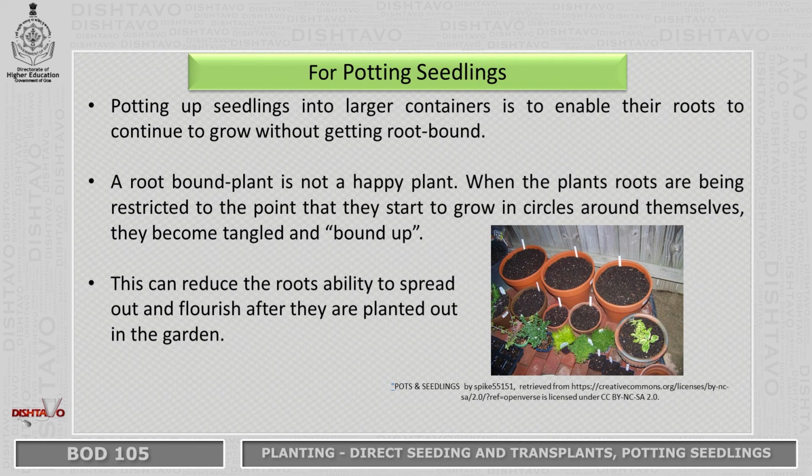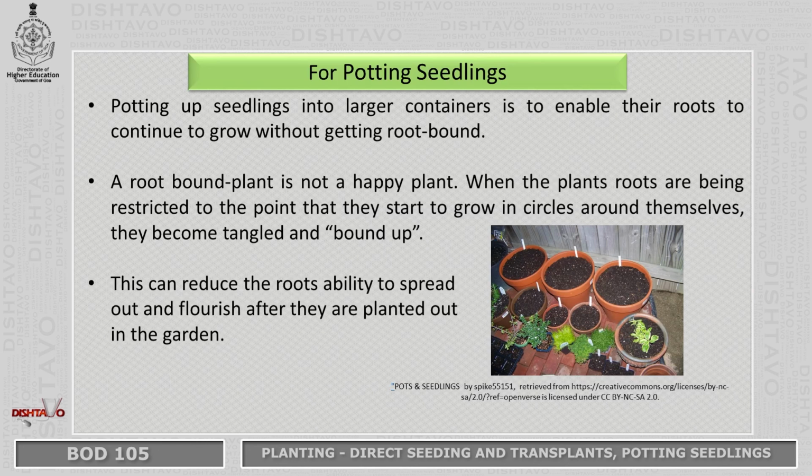Next step is potting seedlings. Potting up seedlings into a larger container is to enable their roots to continue to grow without getting root bound. A root bound plant is not a happy plant.